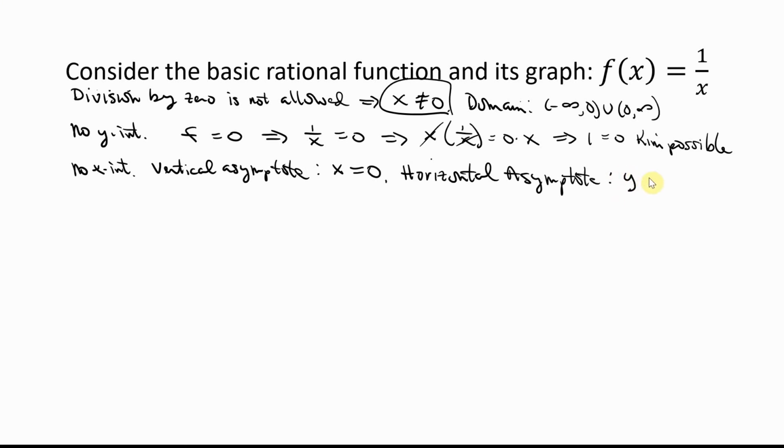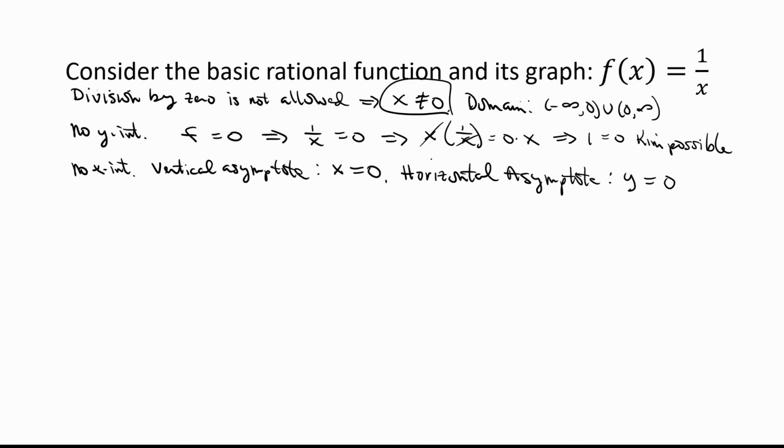For this problem, the horizontal asymptote is the line y equal to 0. Now, why is that? I want to go over that just a minute. But here's what's happening. What happens to this so-called function as these x values get large?